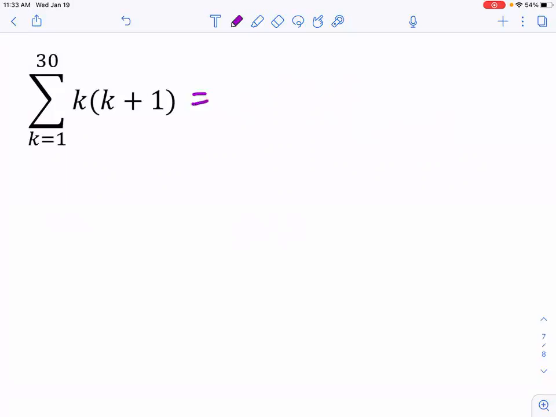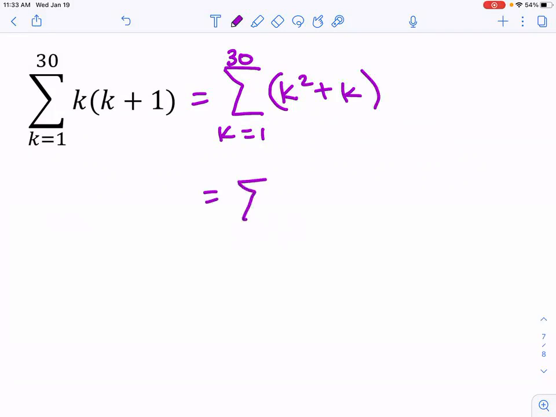We can distribute. And then we have a property that says, this is what it says, according to Isaac. I would have done the same thing with my hands, Isaac. That's not helpful.